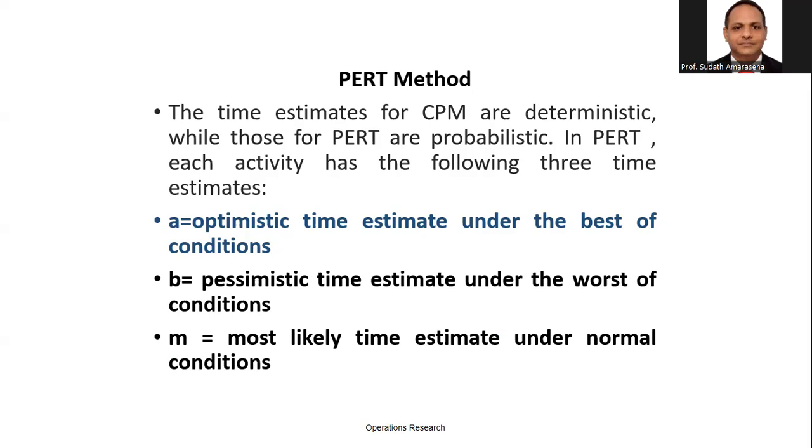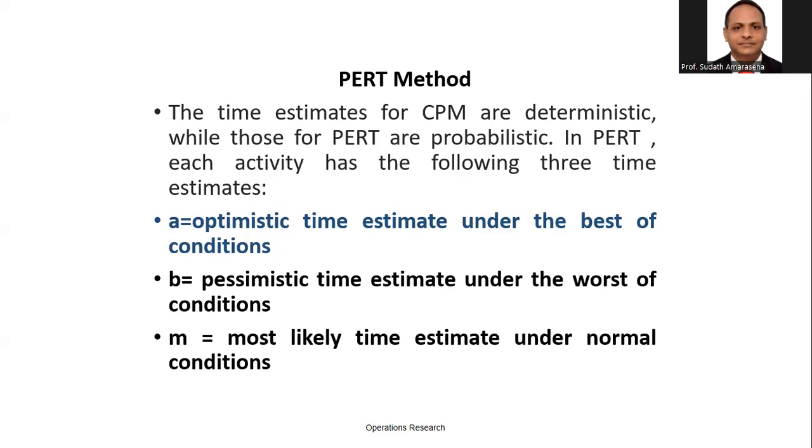That's equal to optimistic. Sometimes, like in the previous World Cup, our team lost. That is a pessimistic time period for our team. Sometimes good batsmen can't get the marks. That is the pessimistic time period. Sometimes we are living the most likely estimate under normal conditions.